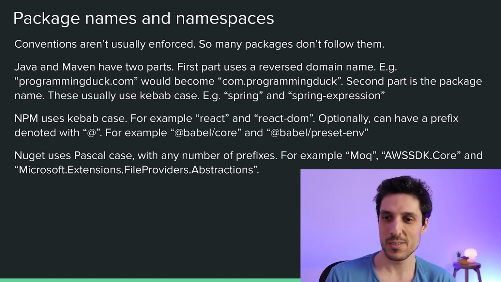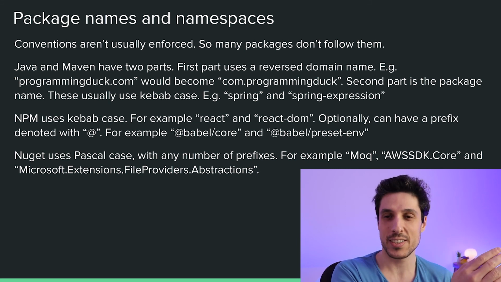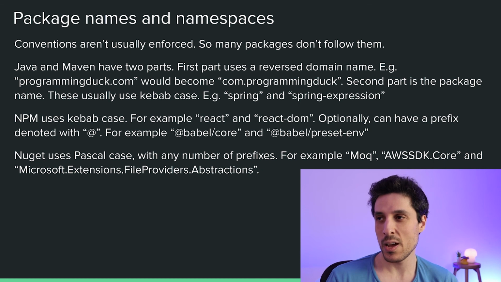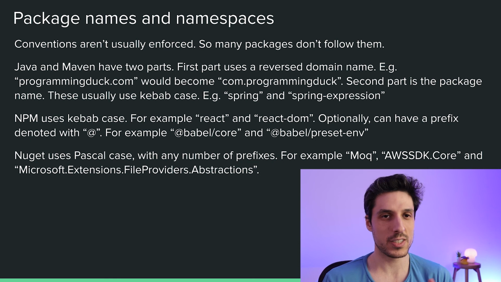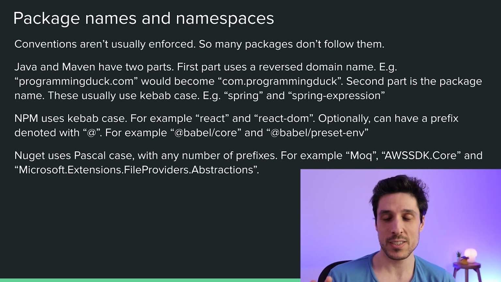And with NuGet, which is the package repository for .NET, just like with Maven, you can have many prefixes, many namespaces, whatever you want. And you'll find, first of all, they use Pascal case. That is the convention. You'll find some without any namespaces, for example Moq, which is a very popular mocking framework, okay?